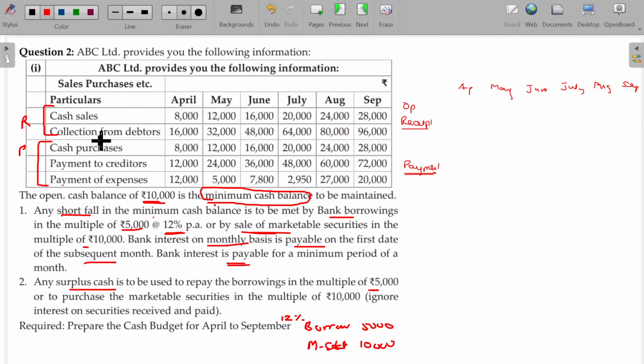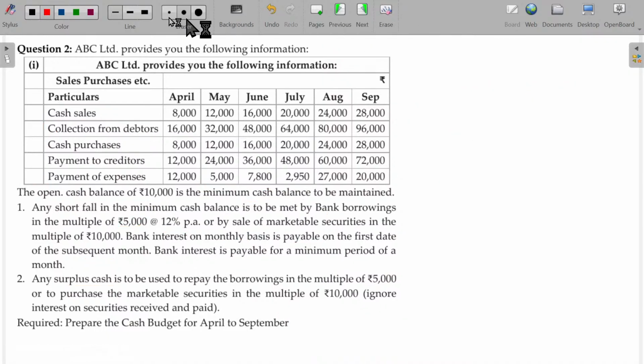So, what are the receipts we have? Cash sales, and collection from debtors. The value being 8,000, or I can write the other side, so it will be comfortable.